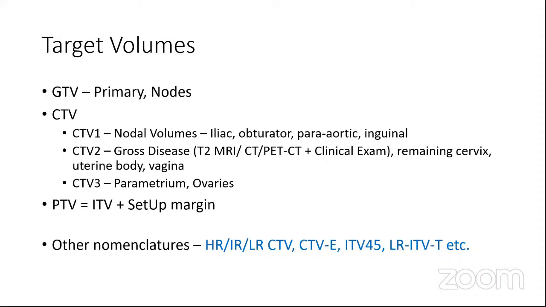Since relapses in the uterine body are very low unless direct extension of the tumor happens into the uterine body, but since there is no clear guideline on this, we continue to include the uterine body in the CTVs. As long as it remains in the CTV, we need to make sure that it falls into the ITV. The ITV they have found is 1.5 centimeter. In fact, the fundus can move up to a maximum of 4 centimeter anterior-posteriorly or superior-inferiorly.